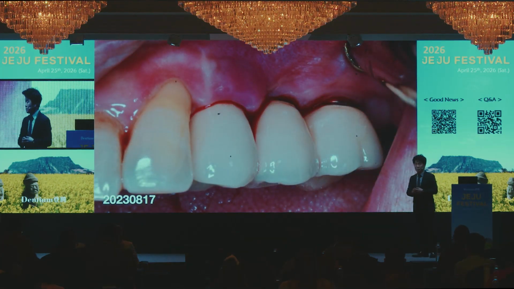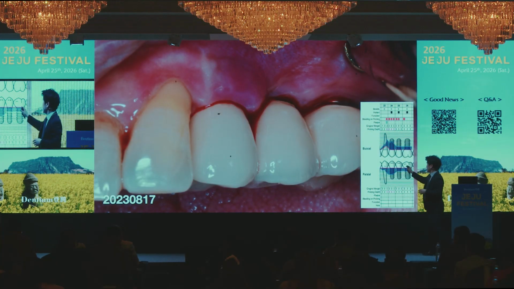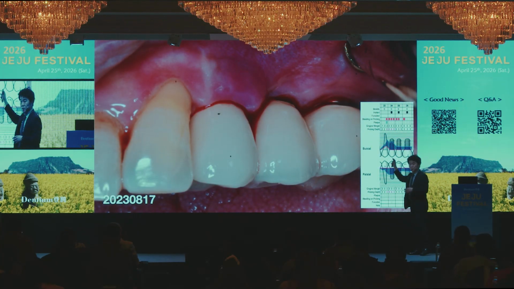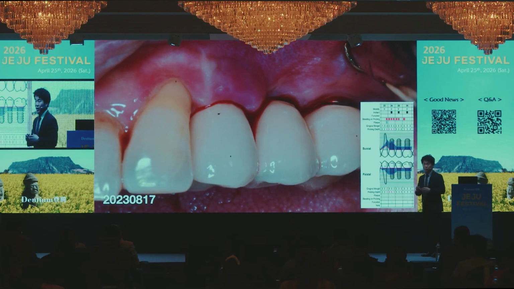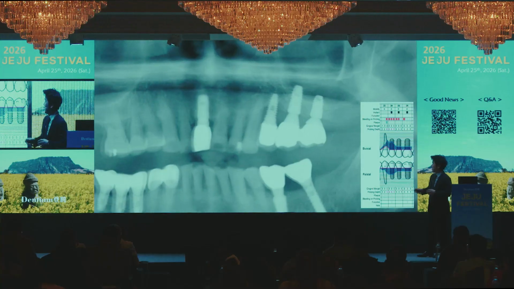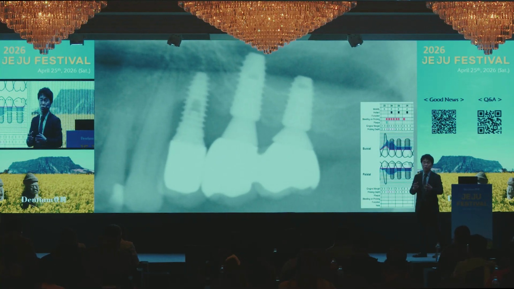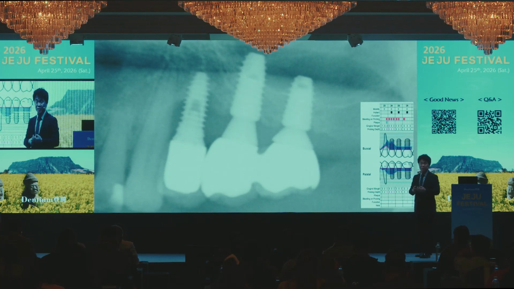This patient is a representative case. As you can see, the first premolar area has a deep pocket, and it is difficult to control. There are many causal factors, such as plaque control and the patient's compliance.